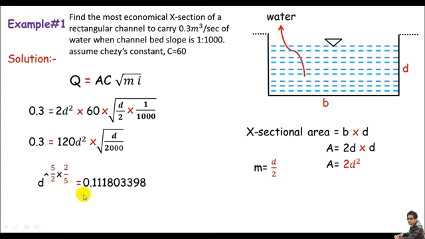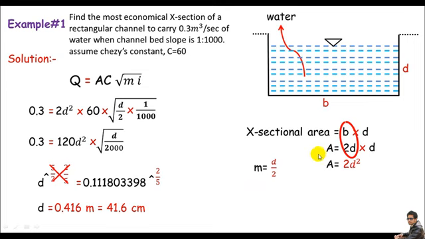Remember, changes to one side must be applied to the other side of the equation. So I put 2 by 5 on the other side as a power. Of course, we get the depth D equals 0.416 meter, or 41.6 centimeter.